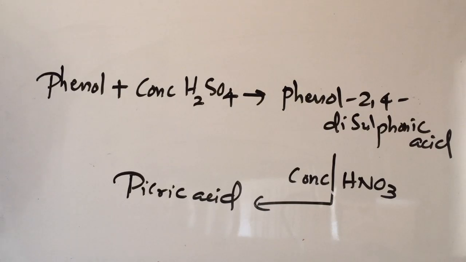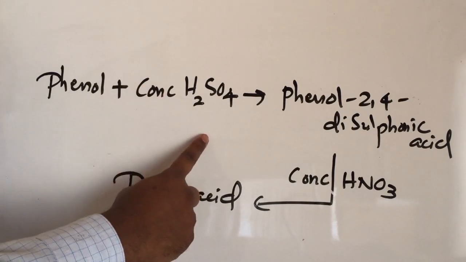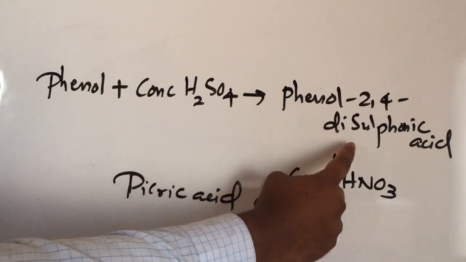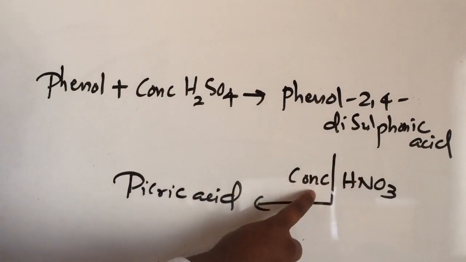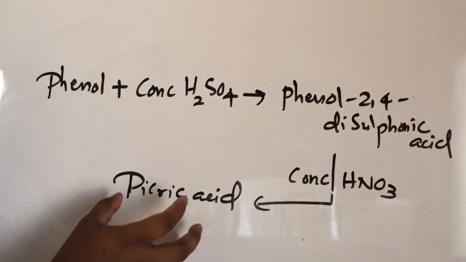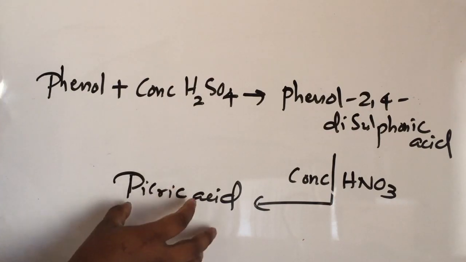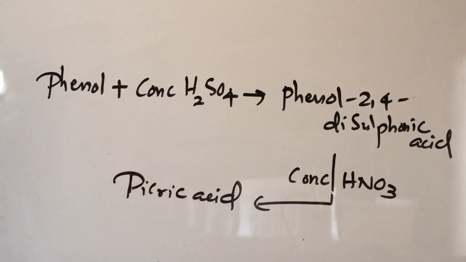So nowadays picric acid is prepared by treating phenol first with concentrated sulfuric acid, which converts it into phenol-2,4-disulfonic acid, and then with concentrated nitric acid to produce picric acid. The picric acid produced here has a high yield, so nowadays this method is used for making picric acid instead of direct nitration of phenol.